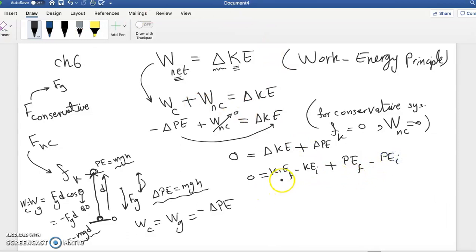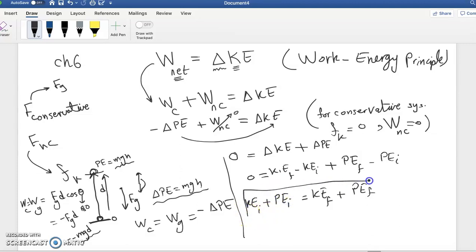Can you rearrange this? Keep the positives here, kinetic energy final plus potential energy final, and bring the negatives to the other side. This is mathematics. Kinetic energy initial plus potential energy initial. Do you remember what this is, that we've been solving problems about? This is the conservation of energy principle.